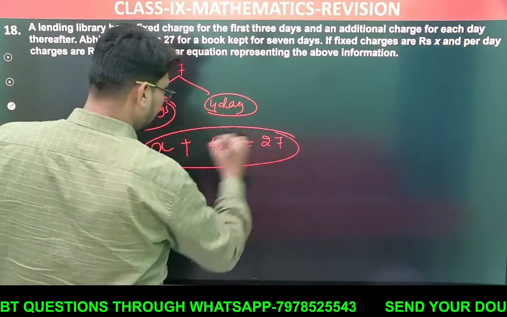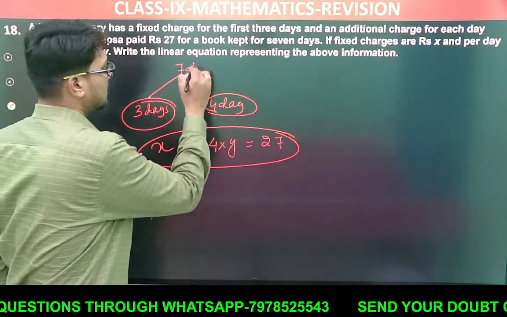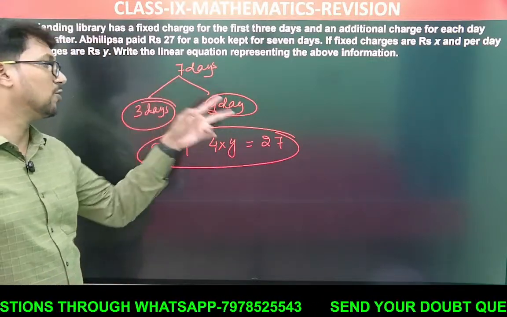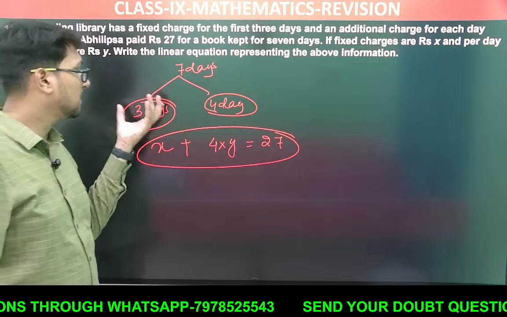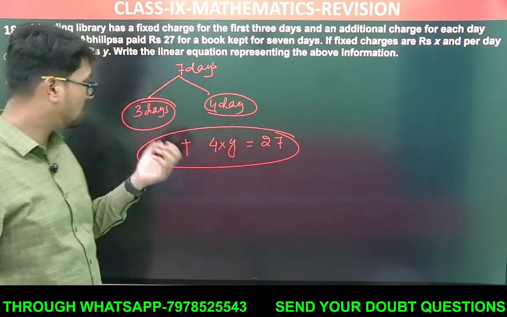Check it. She has kept the book for 7 days. So 7 days is divided in 2 ways. One is the fixed charge for the first 3 days, and the rest 4 days are left.